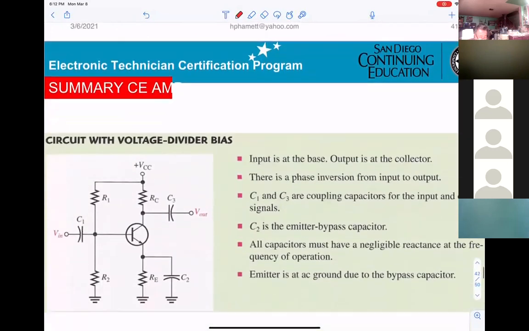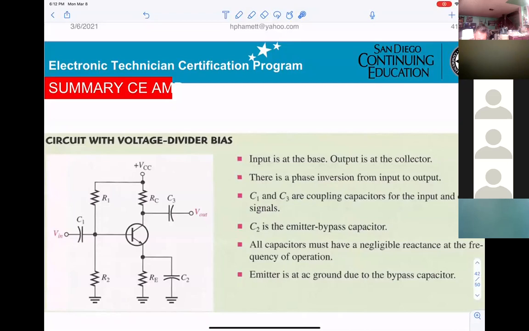This is what we're adding for you. To summarize, for the common emitter: input is at the base, output is at the collector. There is a phase inversion between input and output. C1, C3 are coupling capacitors for the input and output signal.